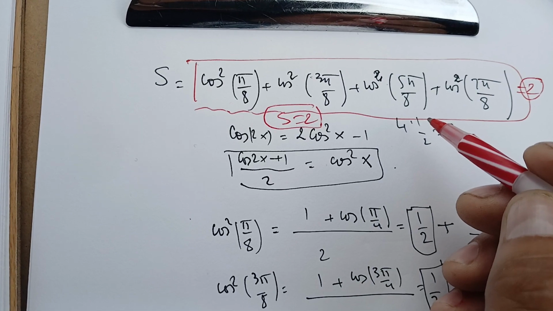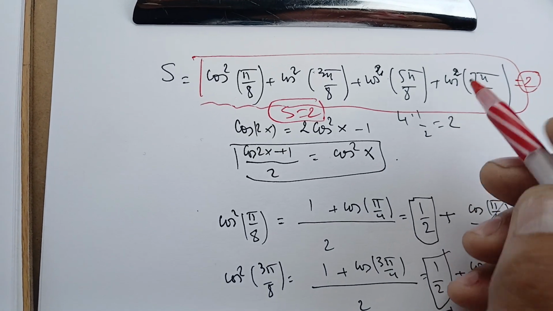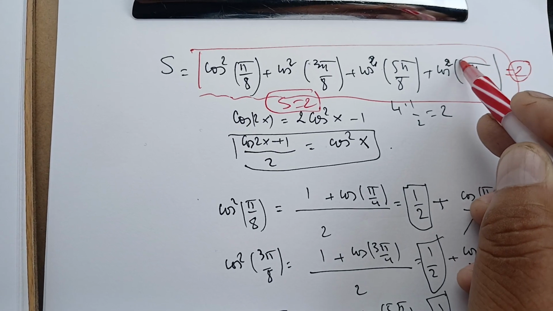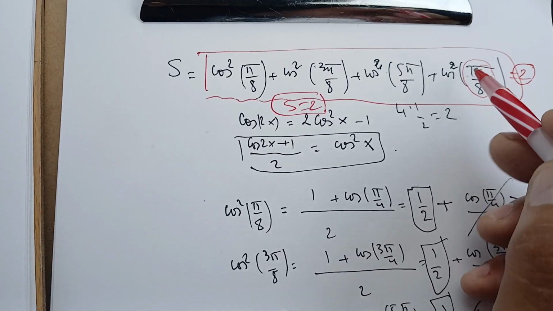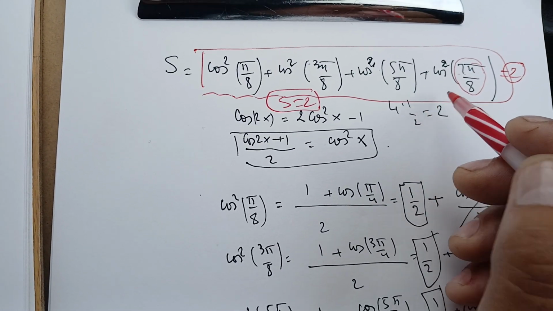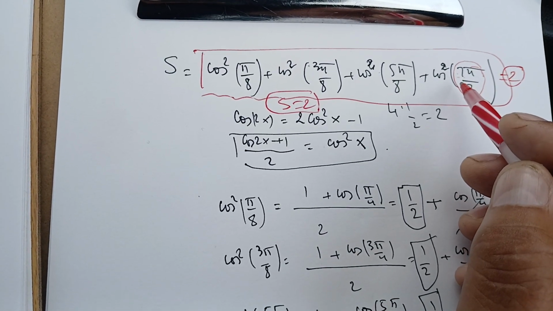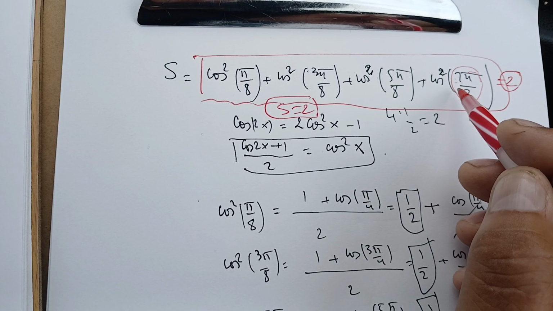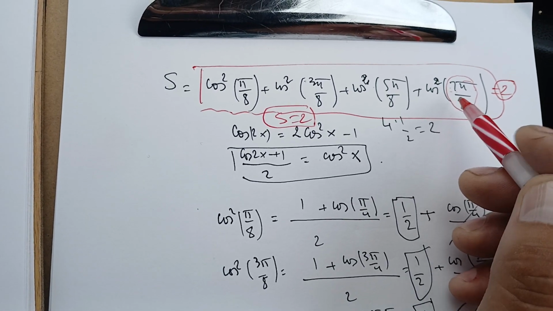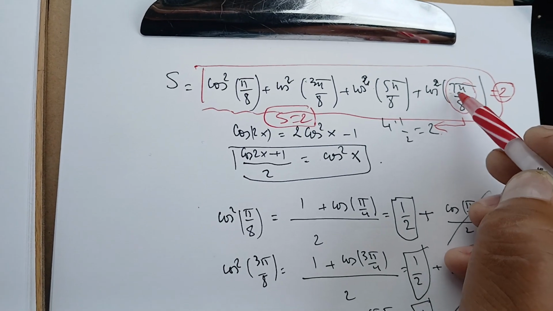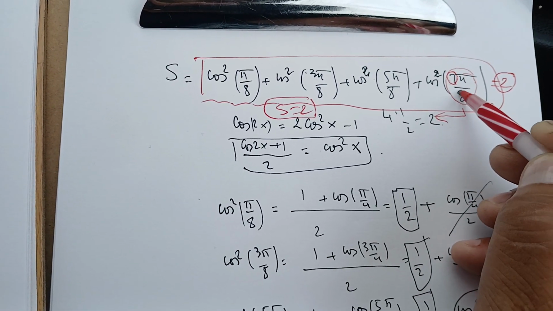Okay, I have a question. What if we keep adding? Why did we stop only at 7 pi over 8? Can we do 9 pi over 8? 11 pi over 8? Why do we stop here? Notice this relationship between 7 and 8.